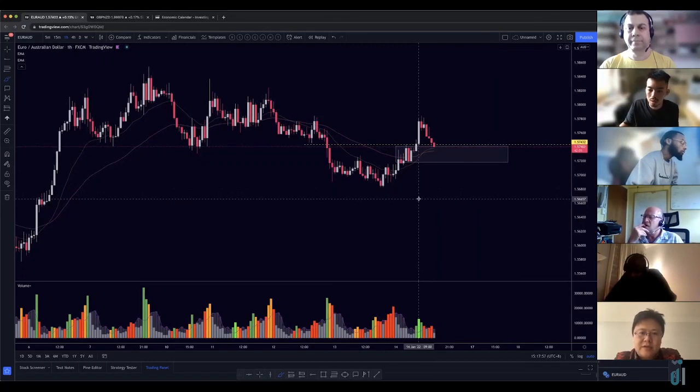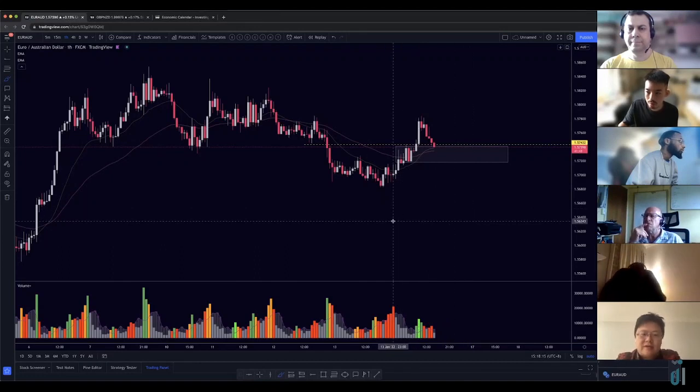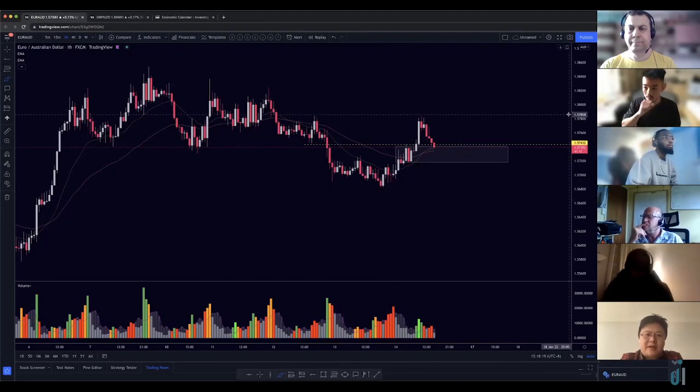I found New Zealand is more interesting because when I was looking at the 240, New Zealand is more of an obvious uptrend versus Aussie, which is kind of a range. So not quite sure if that's a better option, or if both pairs are okay. I don't know. Sure, we'll have a look. But for Euro Aussie, everyone good?